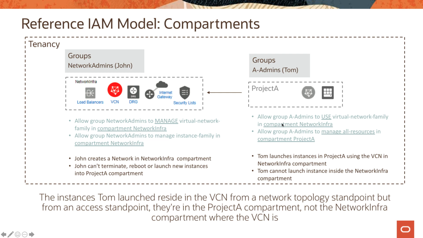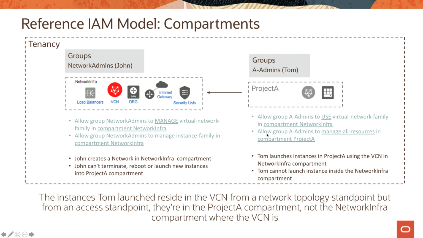And the compartment, one policy lets this group use the virtual network family in this compartment. So, remember the policies can be assigned to different compartments. So there is a policy that lets users like Tom in A-admins group use virtual network family, not manage but use.